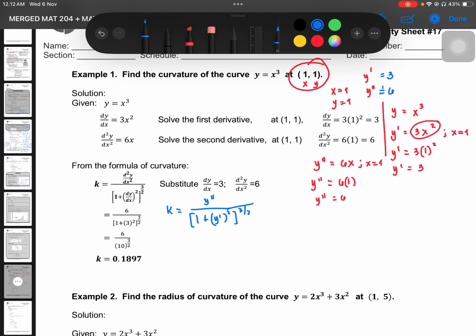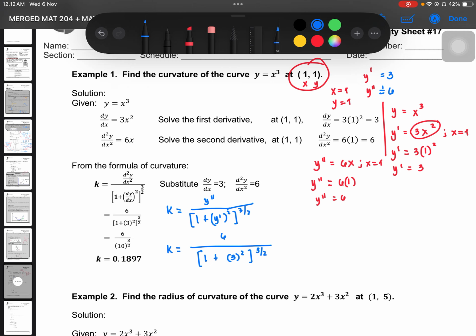Okay, so since you can use your calculators, pwede nyo na agad tong idirekta. Basta alam nyo kung paano i-type. Okay? So, we have now substitute k is equal to, ano y double prime natin? It is 6 all over 1 plus 3 squared quantity raised to 3 halves.